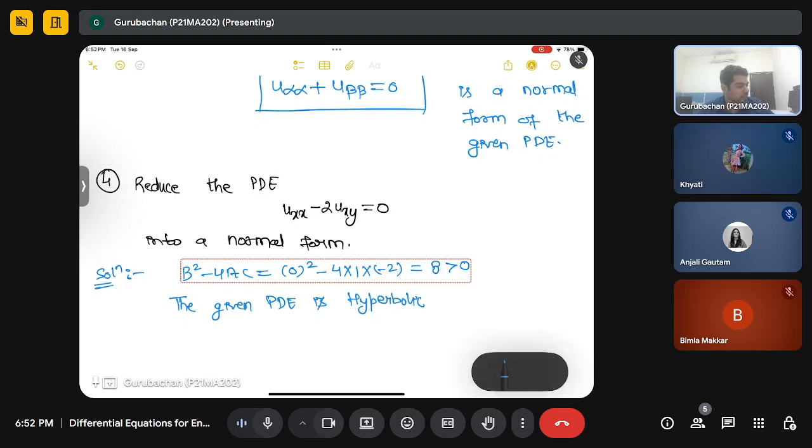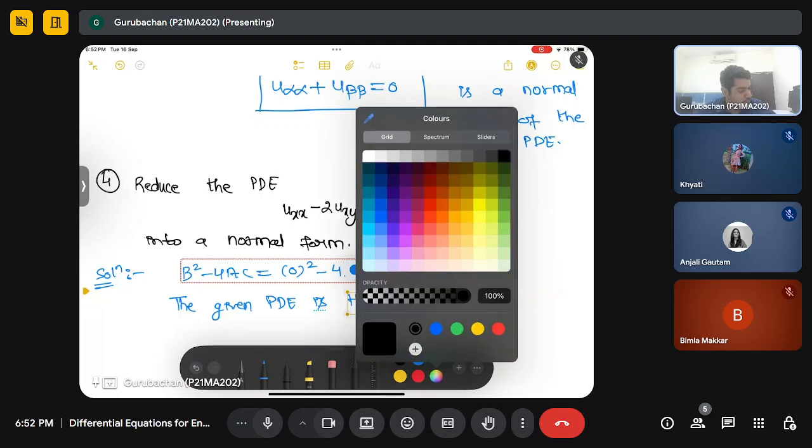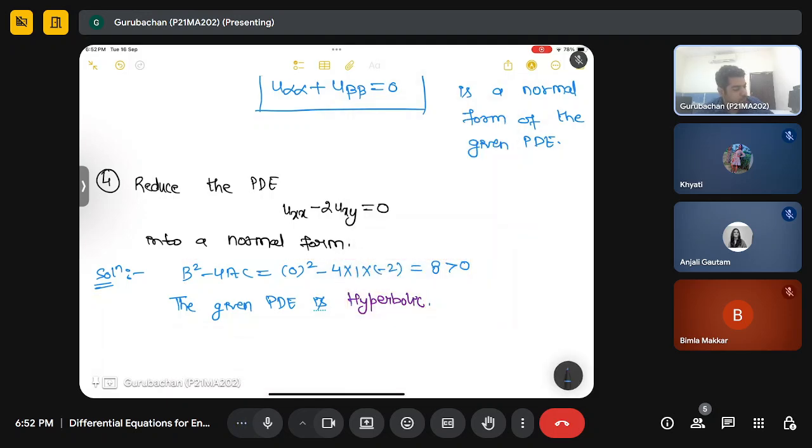Since it is hyperbolic, again we have to find its characteristic curves with the help of characteristic equations. The characteristic equation will be dy by dx equals minus b plus or minus the square root of b square minus 4ac over 2a.